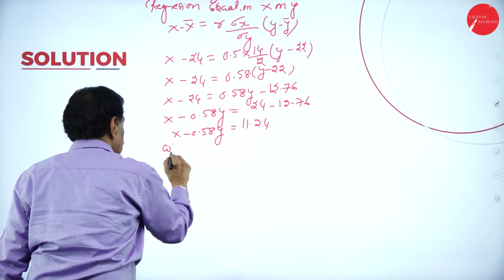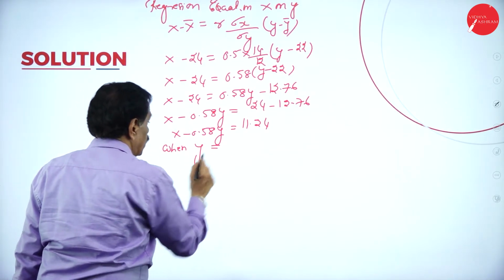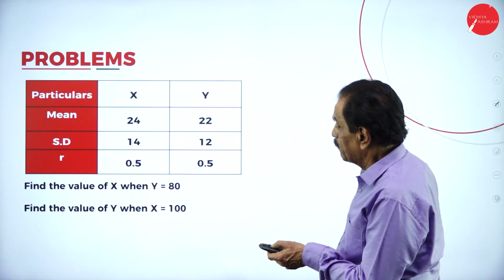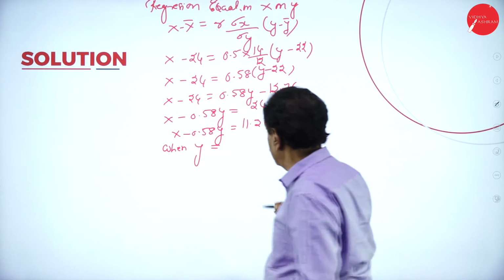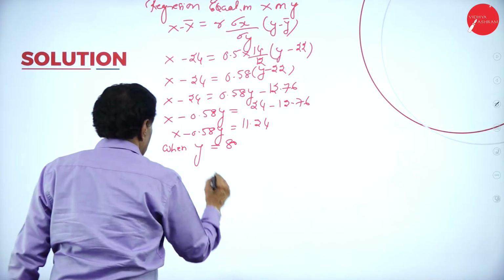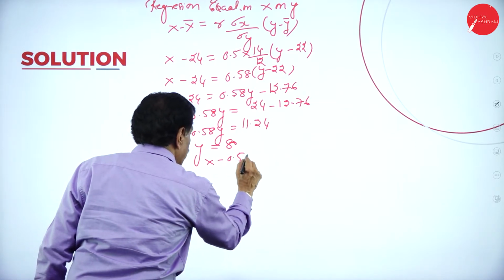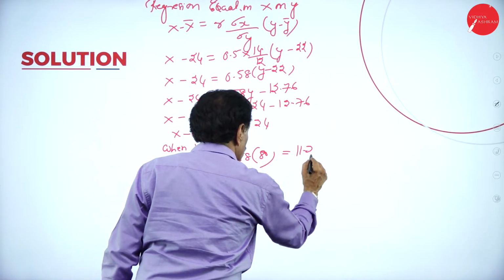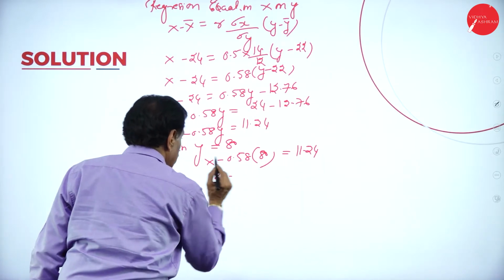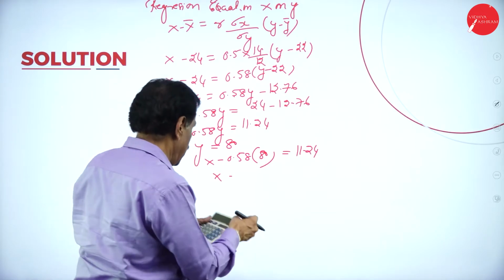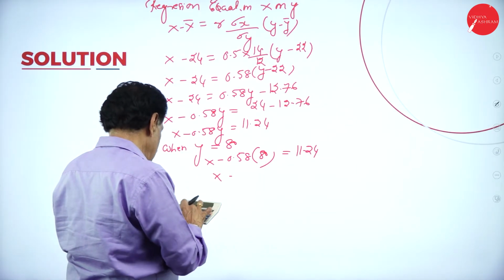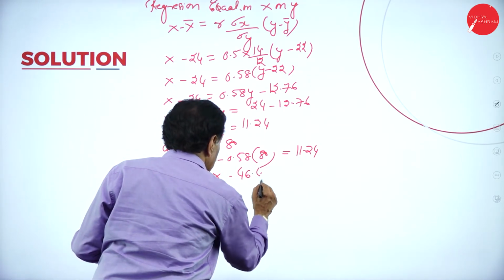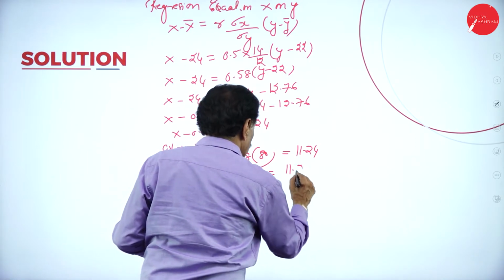When y is equal to 80, find out the value. Apply x minus 0.58 into 80 is equal to 11.24. X minus 46.4 is equal to 11.24.